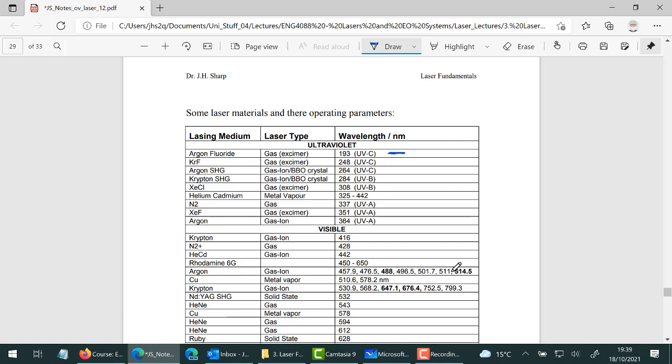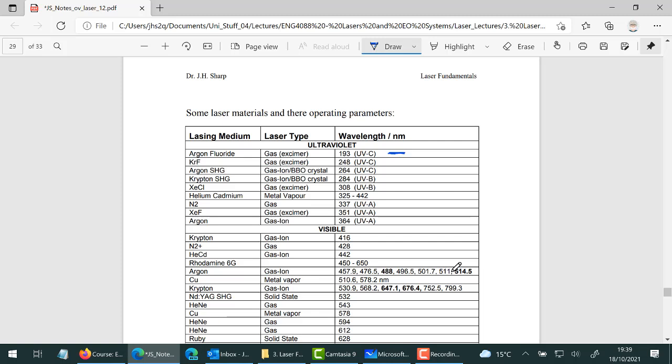Excimer lasers are lasers in which the pumping mechanism is a chemical reaction. So by mixing materials together, you get a chemical reaction which then produces the light which you use as your laser source.